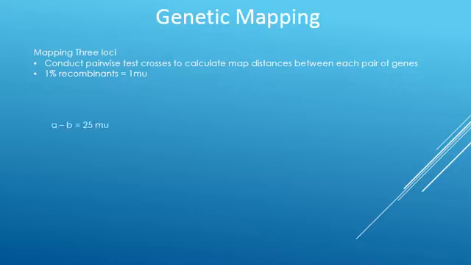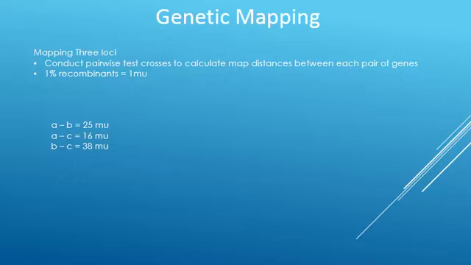And let's say we have traits A and B, and we find that we have a distance of 25 map units, and we might have another comparison between traits A and C, and we found that their distance was about 16 map units, and we might do a third comparison, this time of B and C, and we discovered through their physical linkage that they were separated by about 38 map units, or had 38% recombination frequency.